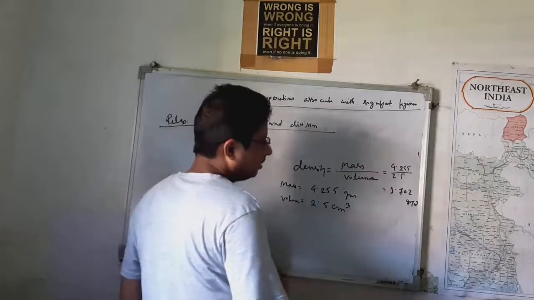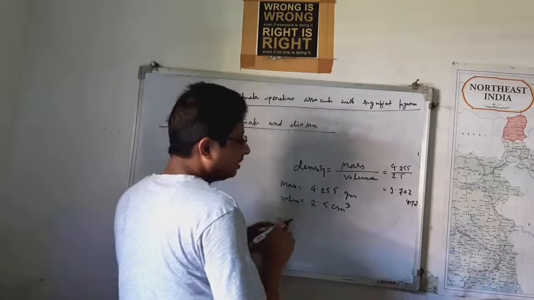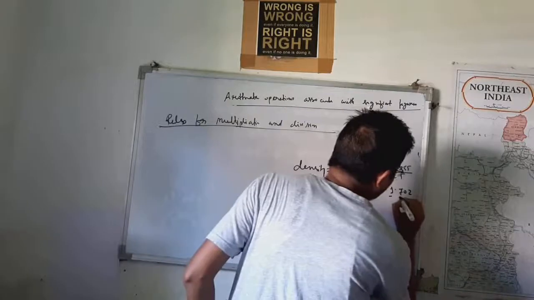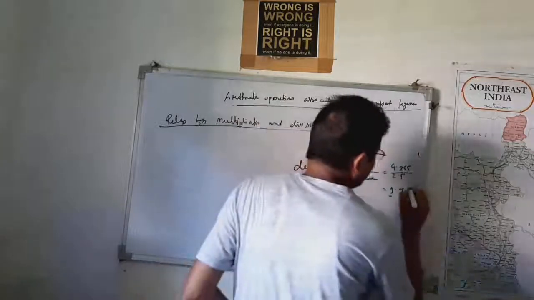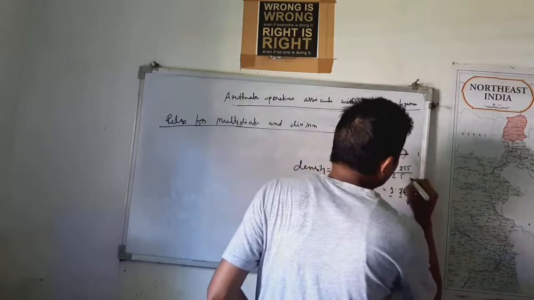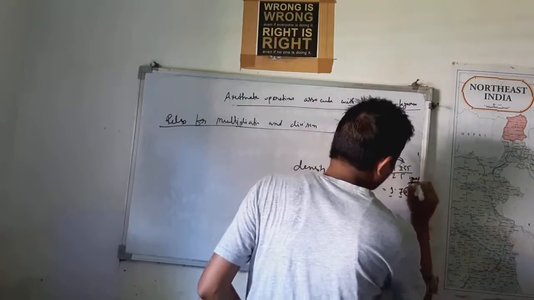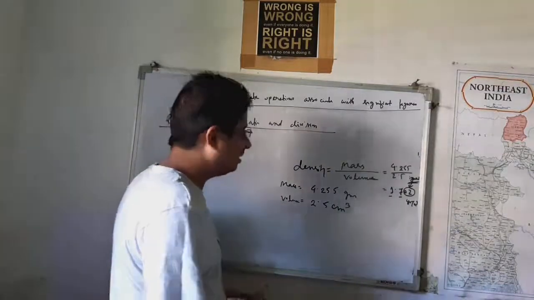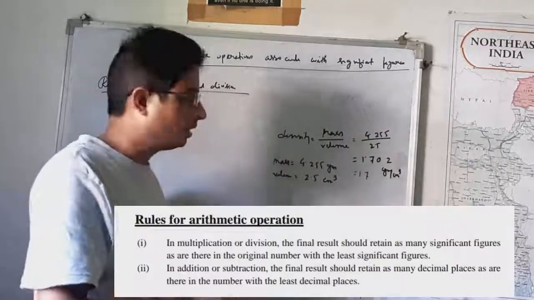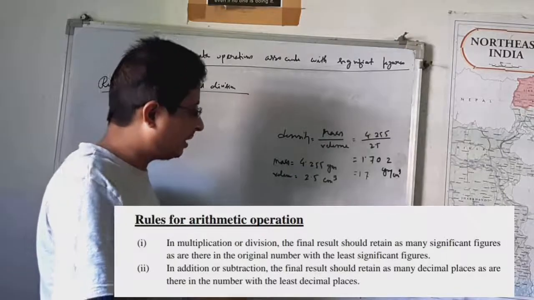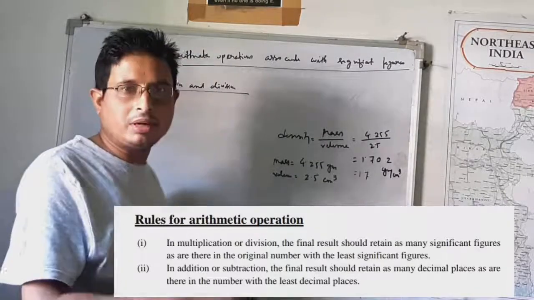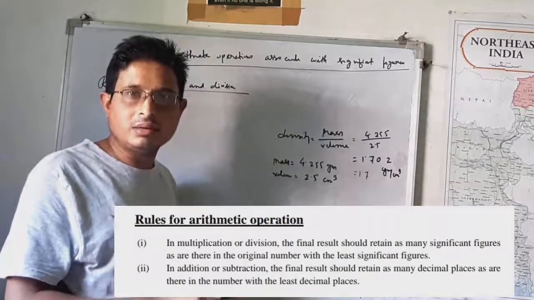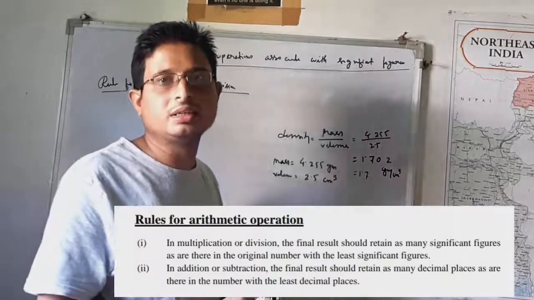But in this case the significant figures will be 1 and 7. The remaining two terms should be ignored. Why? Because according to the rule of multiplication or division, we consider as many significant figures as are there in the original number with the least significant digits.